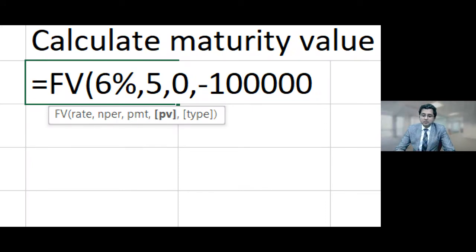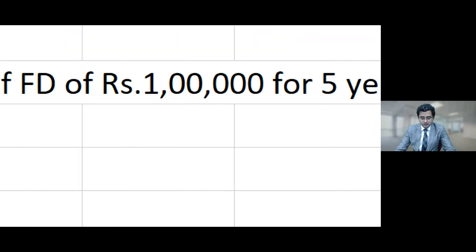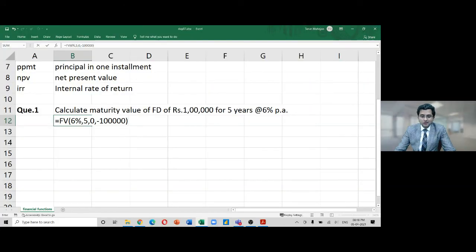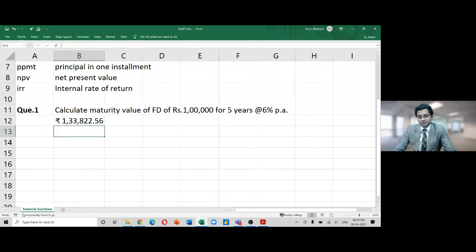And then it is asking me to input type. So type I will not specify, because type is related to PMT. So I'll simply close this bracket and I press enter. And as soon as I press enter, I get the answer, which is 1,33,822.56.